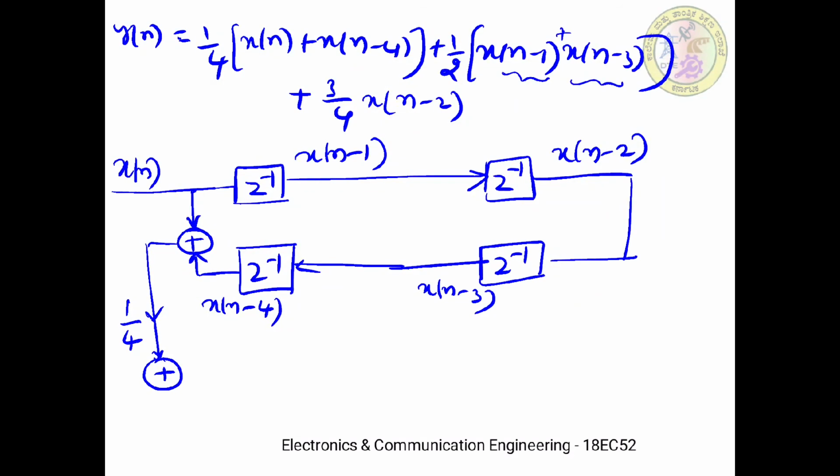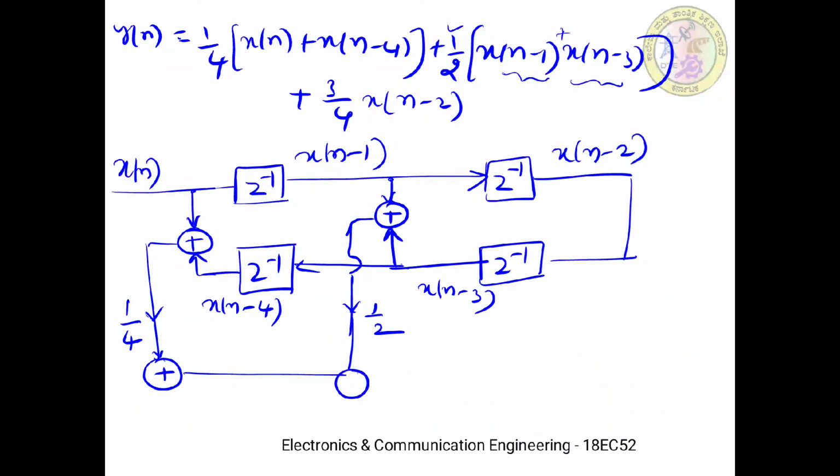These two have to be added. Just a minute. x of n minus 1 is available here, and x of n minus 3 is available here. So this sum should now be multiplied by 1 by 2. So here is one adder.